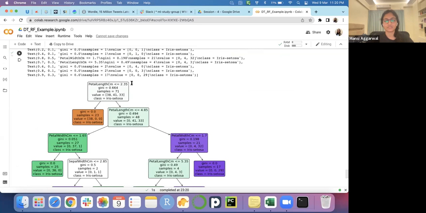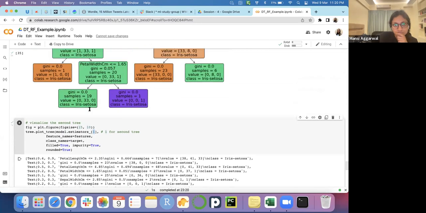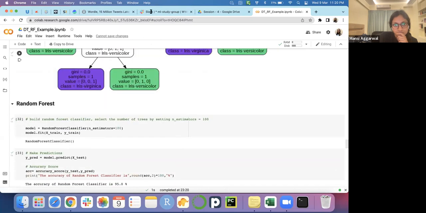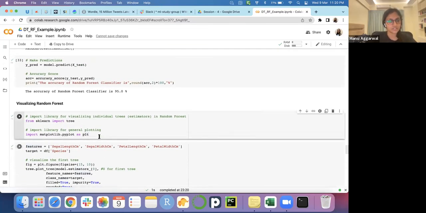One small question: if I want to plot the last tree of our model, what will this value be? Can you answer in the chat? 99, right. -1, yes, -1 also. Correct, -1 and 99 are both correct.